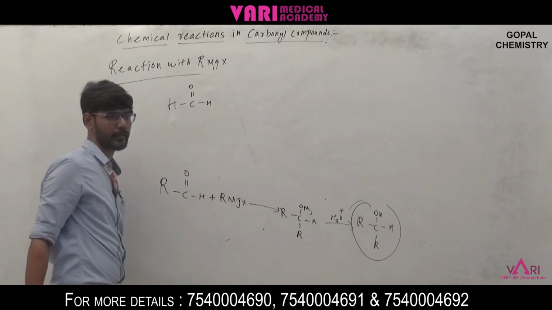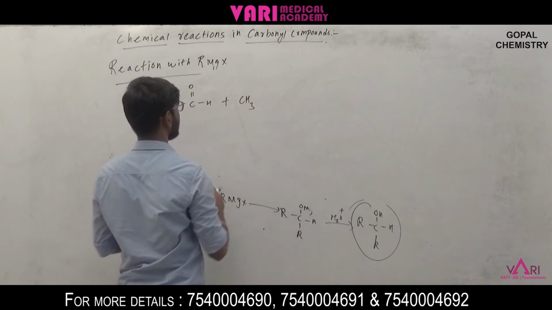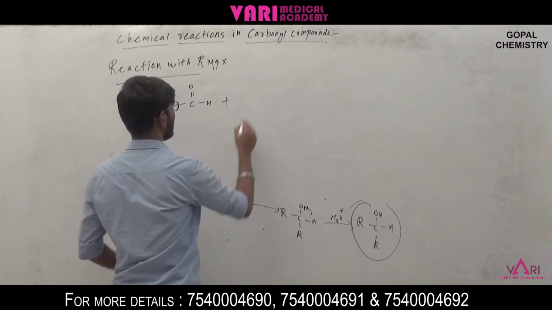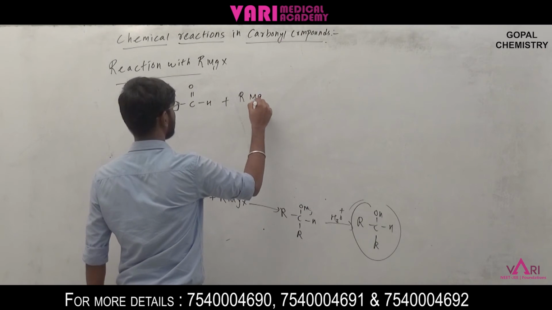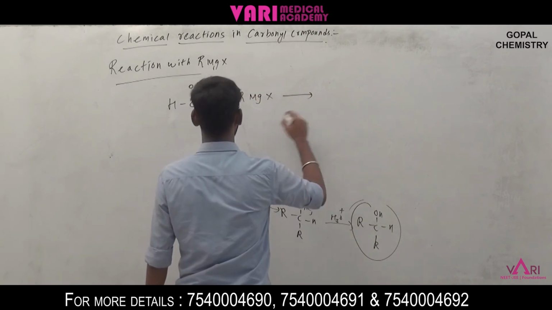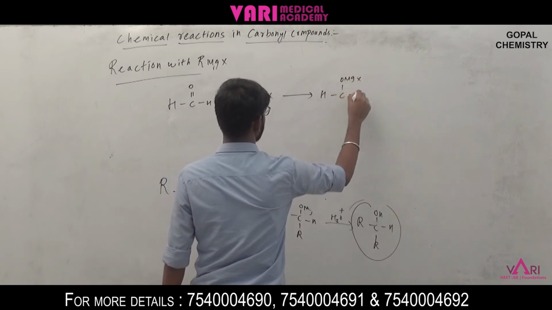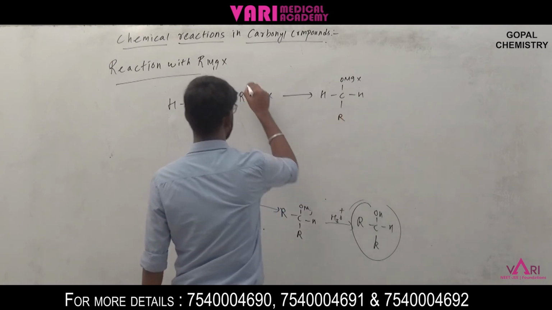This is formaldehyde, right? So when we treat formaldehyde with alkyl magnesium halide, the product will be HCOMgX and here the alkyl group is added.